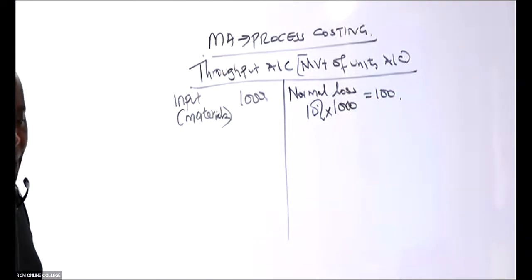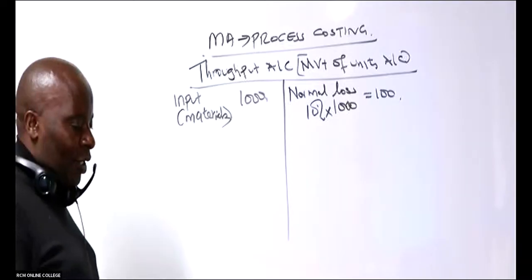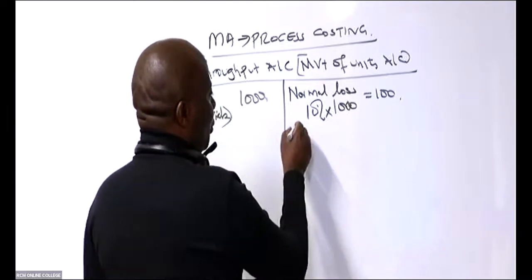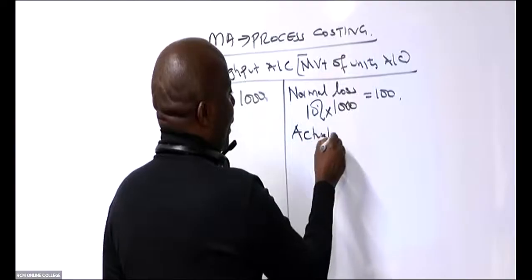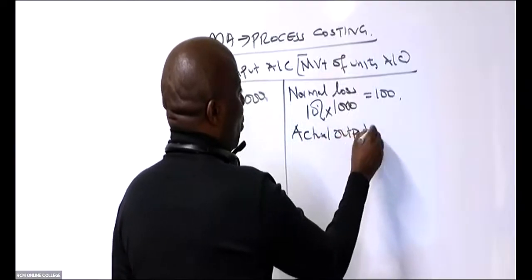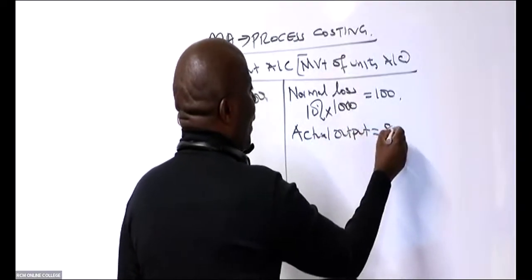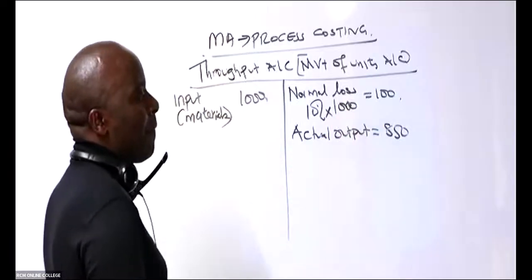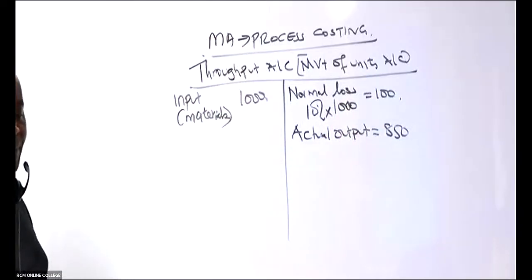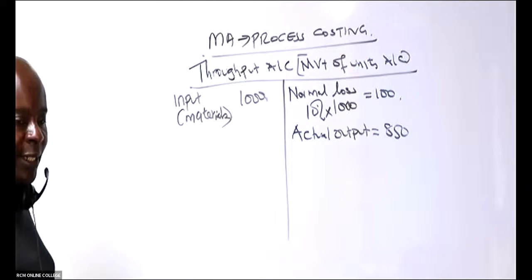And then, ladies and gentlemen, in the same question, they have given us the actual output. The actual output, they have given us a figure of 850. So now I should be able to balance this account.